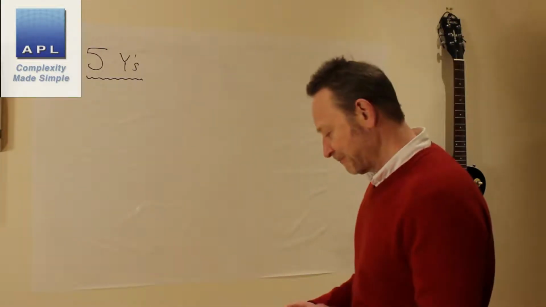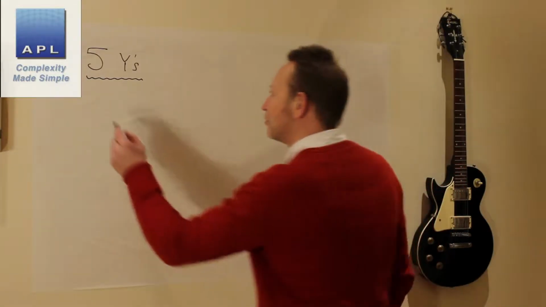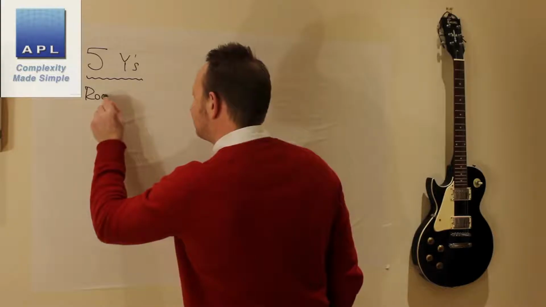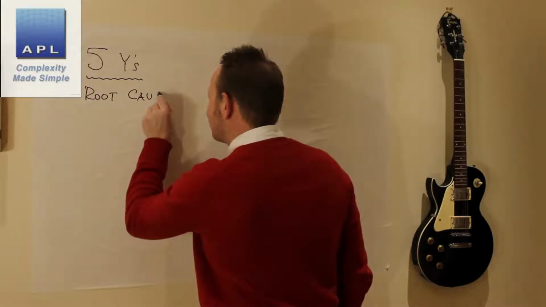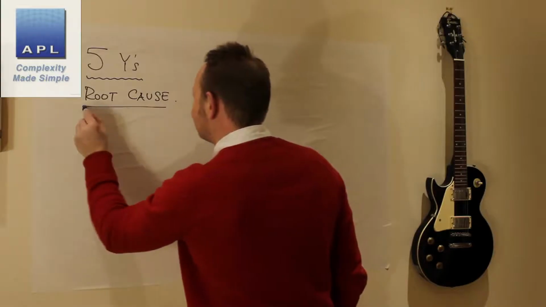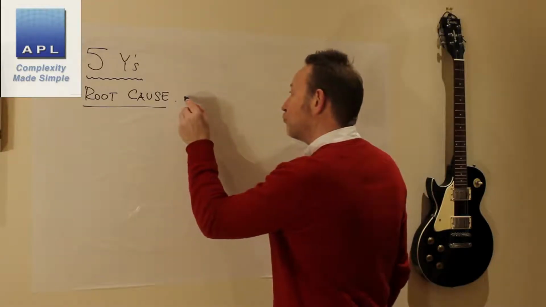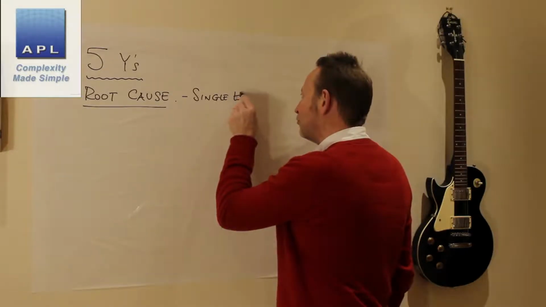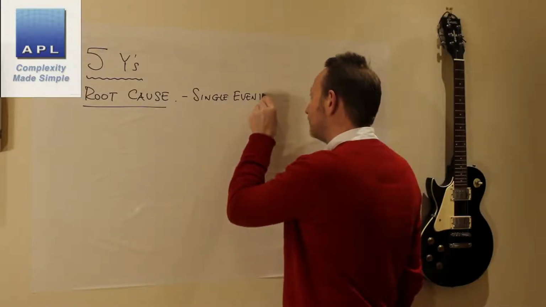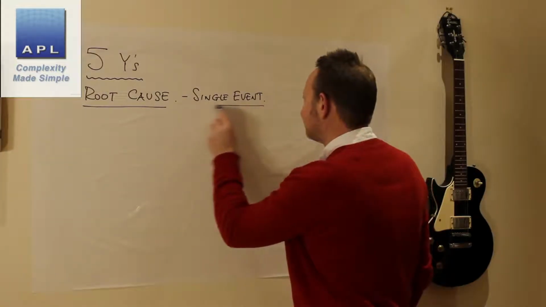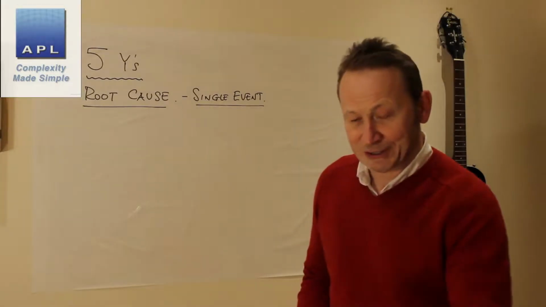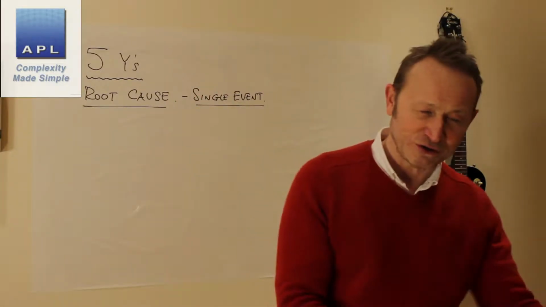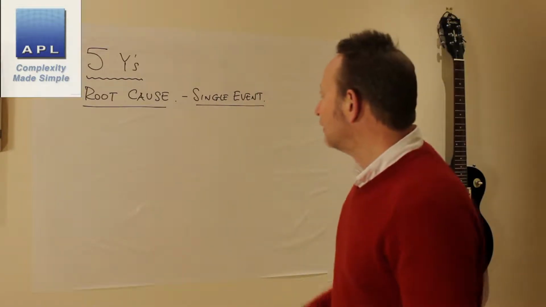So let's talk about how it works and why it doesn't work. What 5 Whys is trying to do, of course, is get to root cause. Another word for root cause is a single event, a single thing that you can pin the fault on, put right, and then you've fixed the problem forevermore.